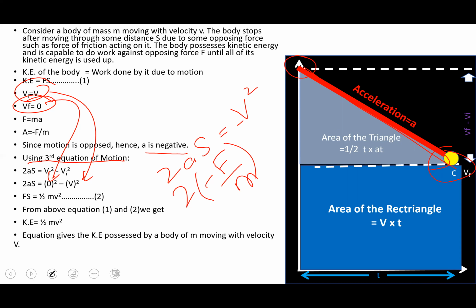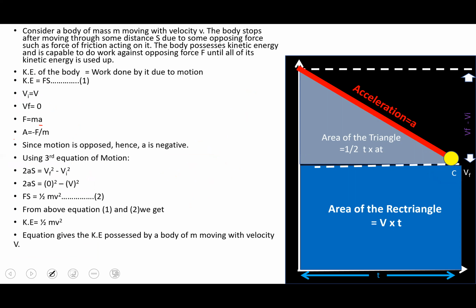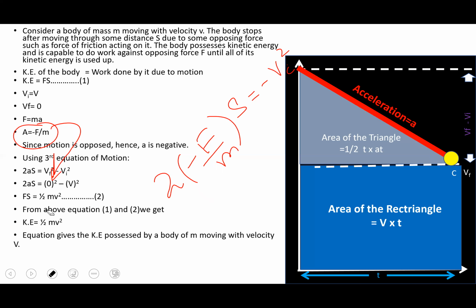Where did that come from? It was written over here. As we know, a is equal to minus F over m. So using this in this formula, instead of a, we can say minus F over m, so 2 times F over m into s is equal to minus Vi square, or we can say v square, no problem with that. So let us remove this one.